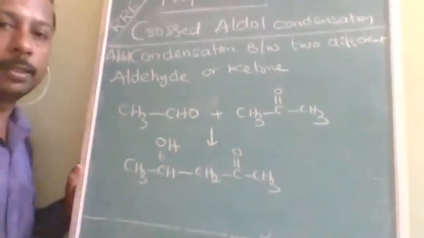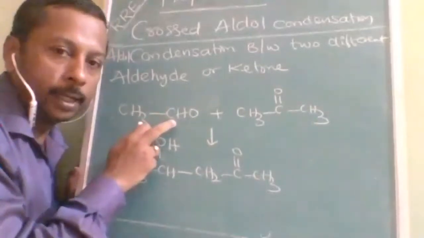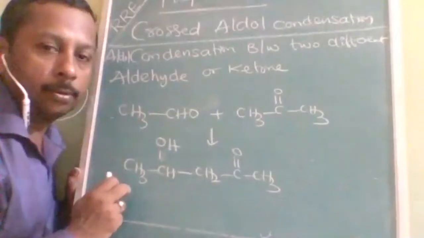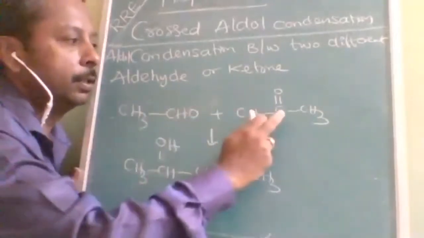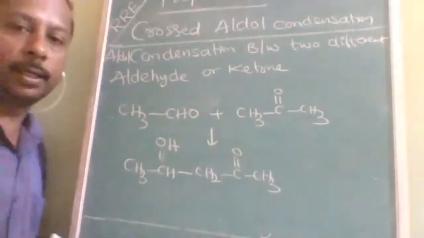The first product is formed by using the carbonyl group of the aldehyde and the alpha hydrogen of the ketone. And in another way also it is possible, the alpha hydrogen of the aldehyde and the carbonyl group of the ketone.